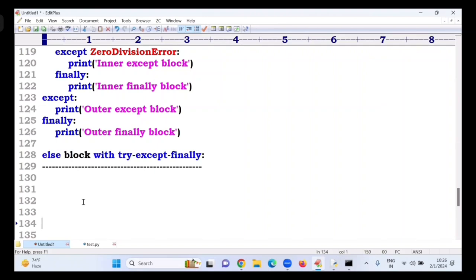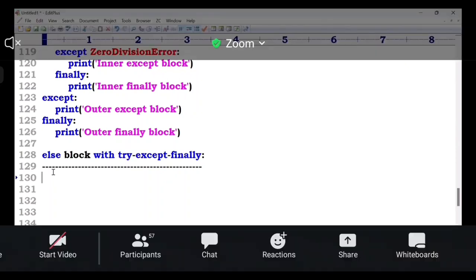If and else means if the condition is satisfied, the if block will be executed, if not satisfied, the else block will be executed there. So when is the else block executed? Only one condition. If in your program there is no exception, then only the else block will be executed there. If any exception is there, then the else block is not executed.